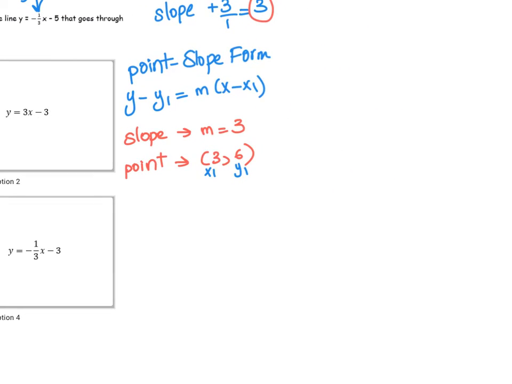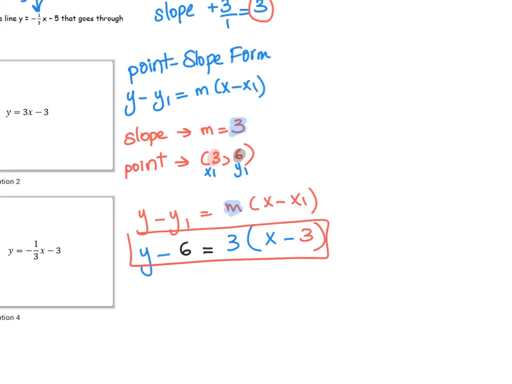So if I plug it in the equation, y minus y1 equals m times x minus x1. So y minus y1, which is 6, equals the slope m, which is 3, so I just plug it in, and then x minus x1, which is 3.